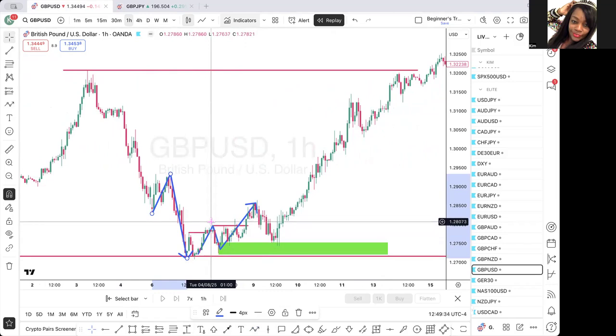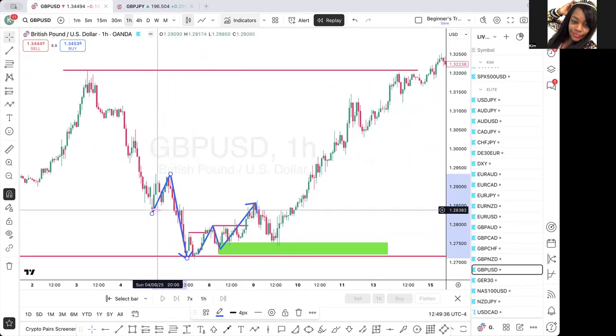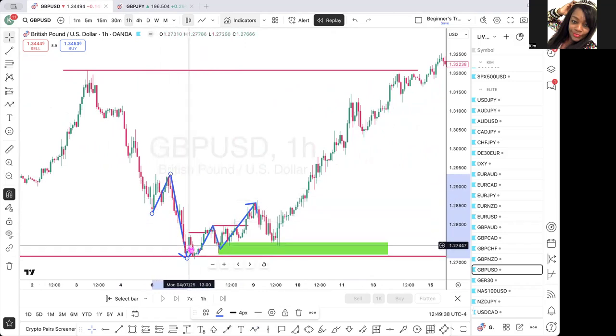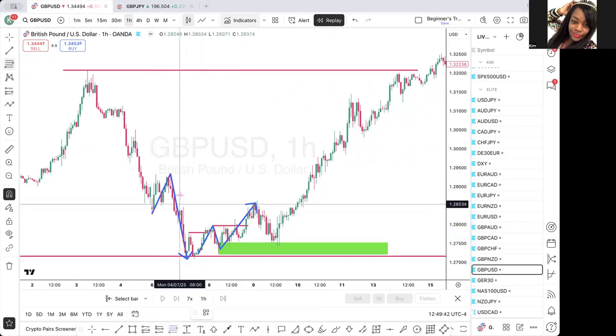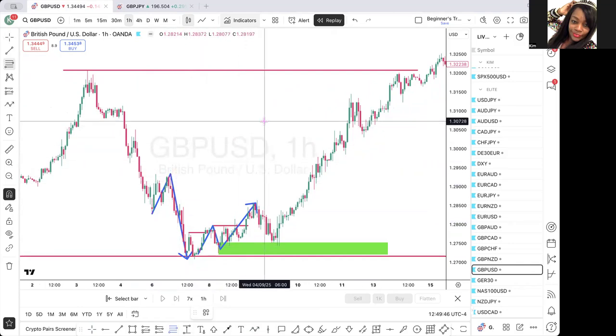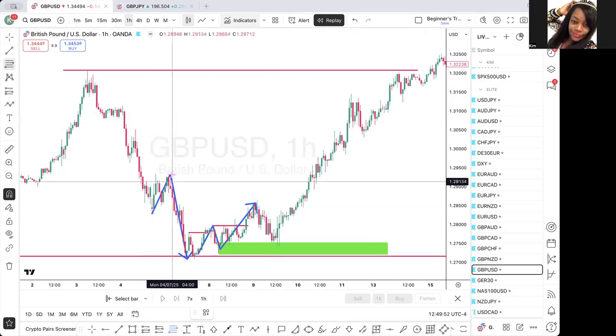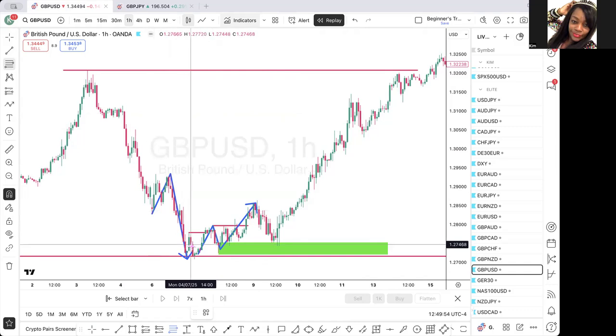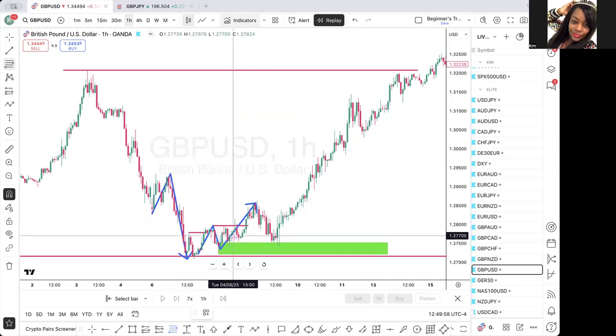So what am I looking for price to pull back to based on this 1 hour bear structure? Anybody? What was the question again? I'm sorry, Kim. Based on this 1 hour bear structure and price started going bullish, what would I be looking for price to buy back up to?